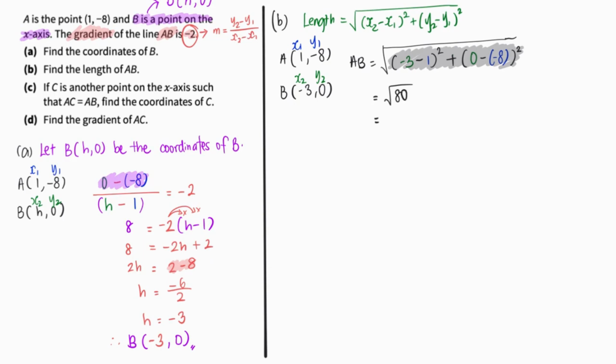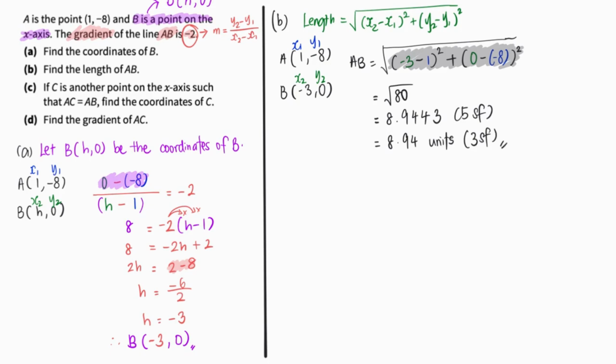And finally, square root 80 is equals to 8.9443 to 5SF, followed by the final answer 8.94 to 3SF. So part B done.